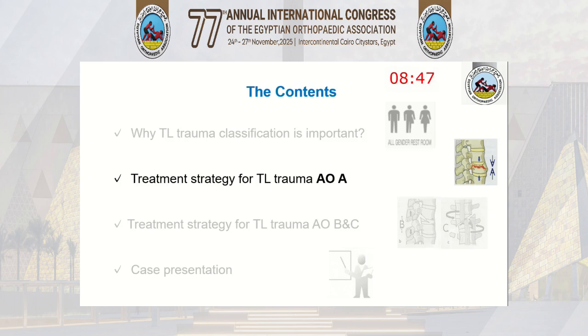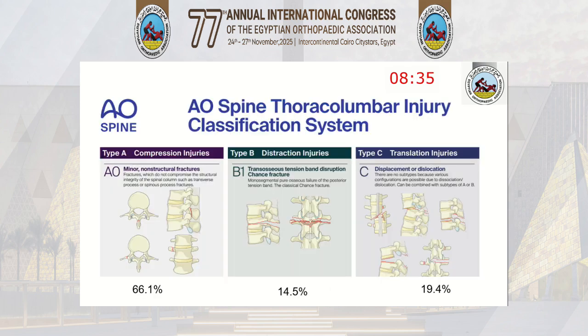So the second topic is treatment strategy for AO types. As I said, AO classification is now the world standard for treatment. Type A is compression injury. Type B, distraction. Type C, translation.